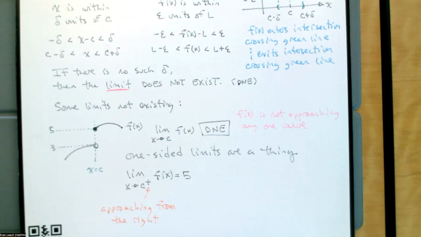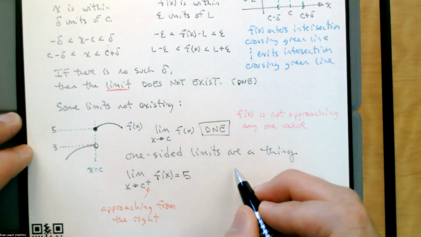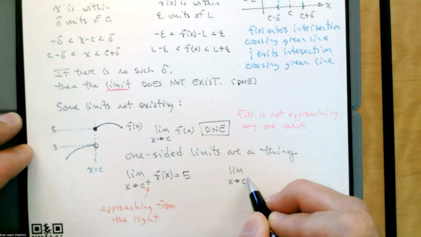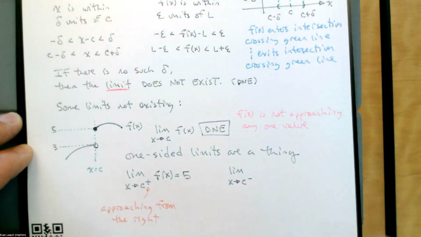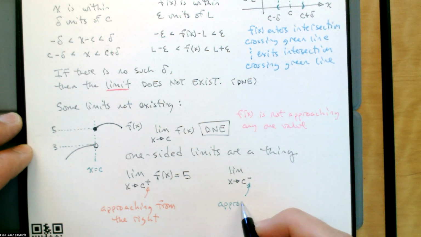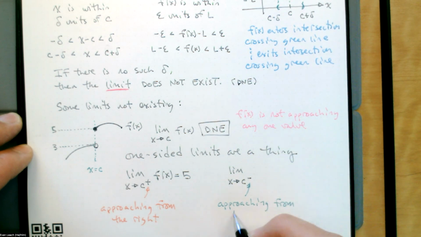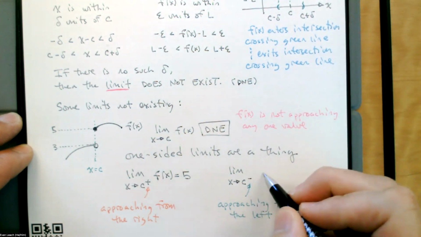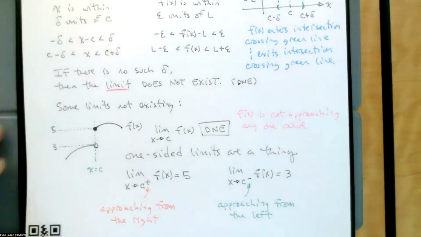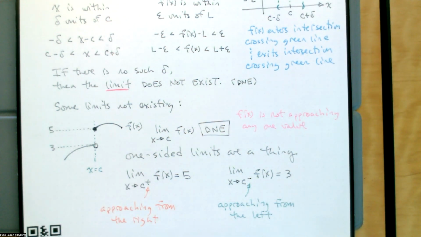We can also write down a limit as x approaches C from the left. From the left, it looks like we are getting closer to 3.